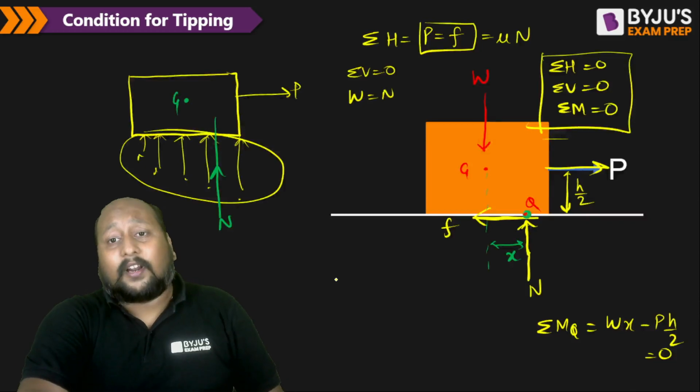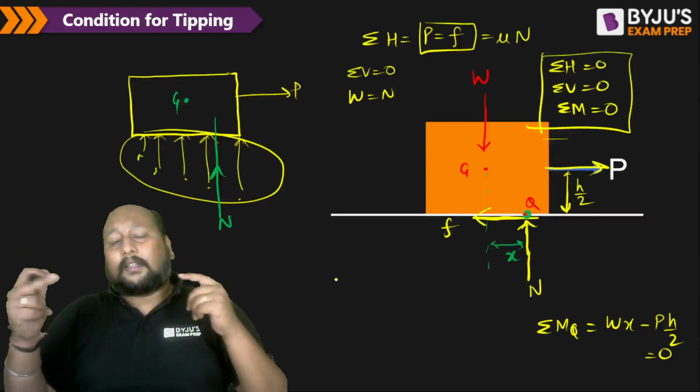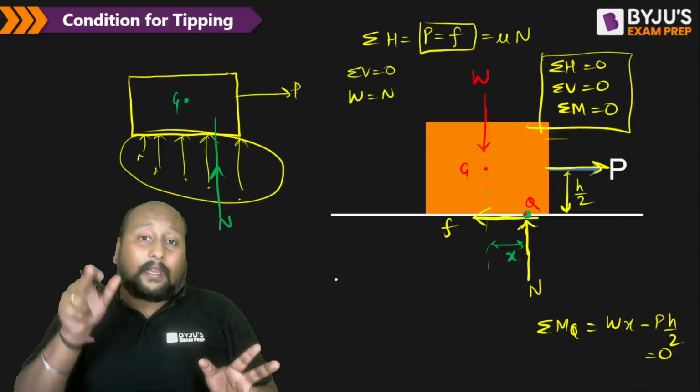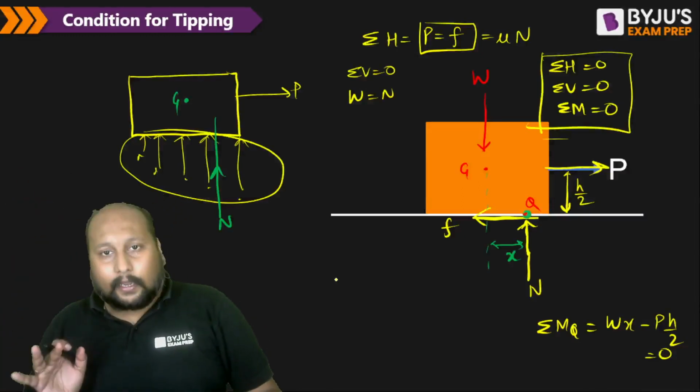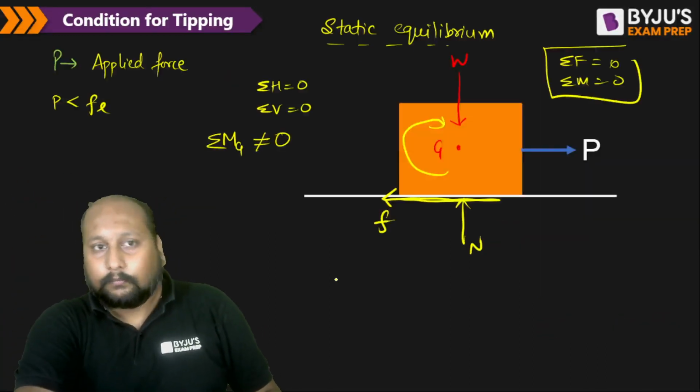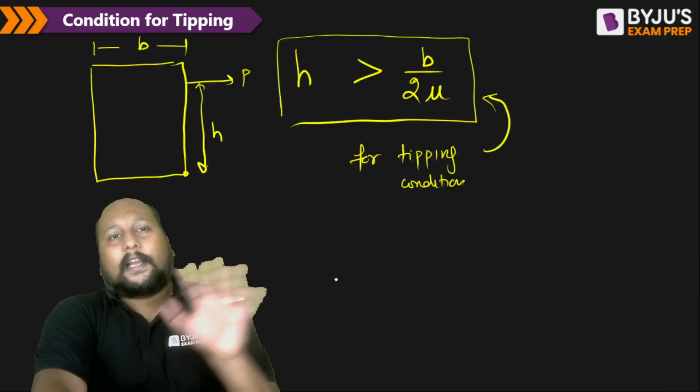But if we have a body whose height and width are given, then we have to take this as the standard free body diagram, not this one. So this is all about the condition of tipping.